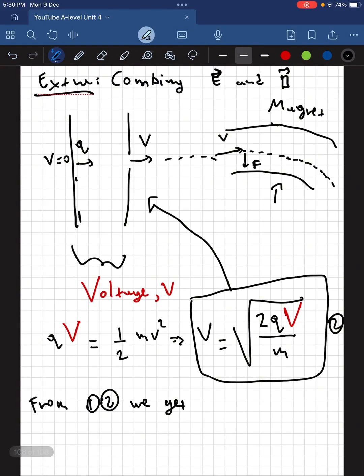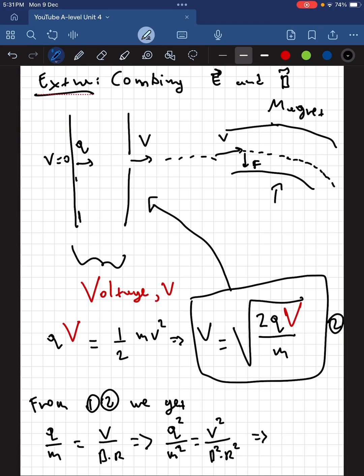So from equations 1 and 2, we get that q over m is v over B times R, but v was calculated. So first of all, let's square this. So q squared over m squared is v squared over B squared times R squared.